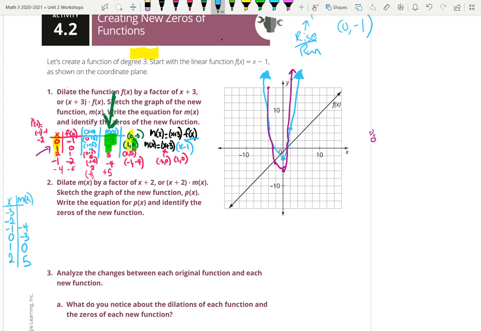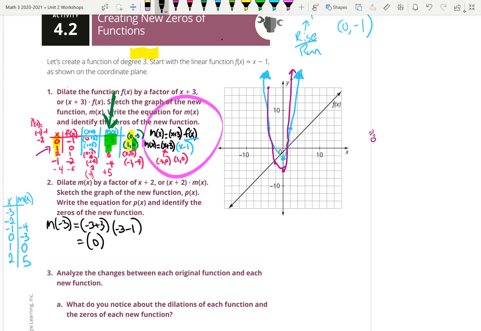Let's review how to calculate this. M of x last time was x plus 3 multiplied by x minus 1. To quickly calculate it without a graph, I would plug in -3. So m of -3 is -3 plus 3 times -3 minus 1.